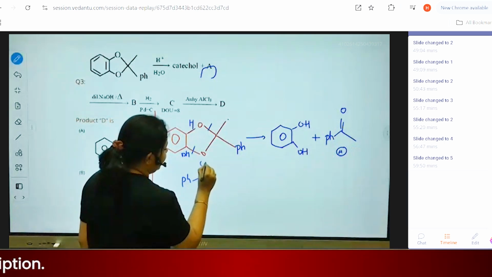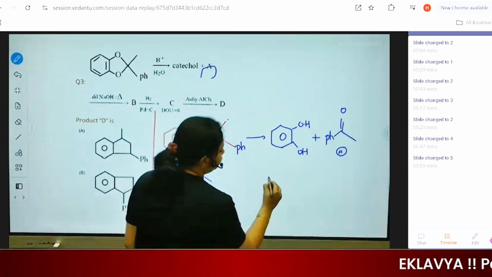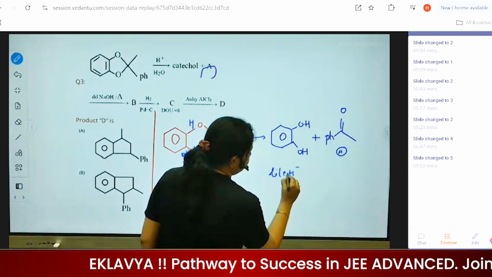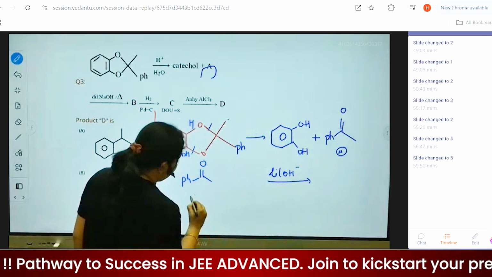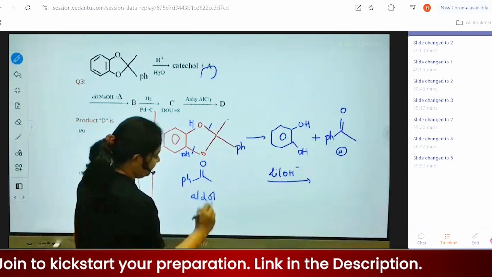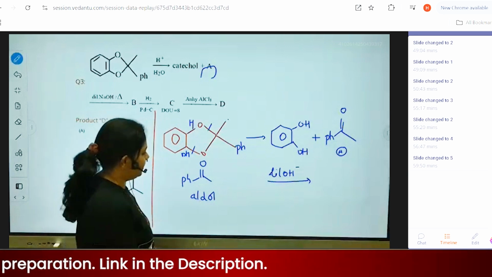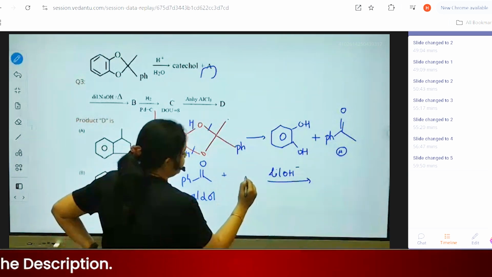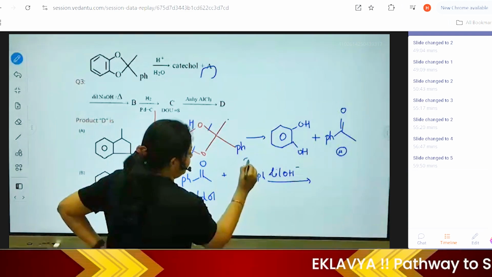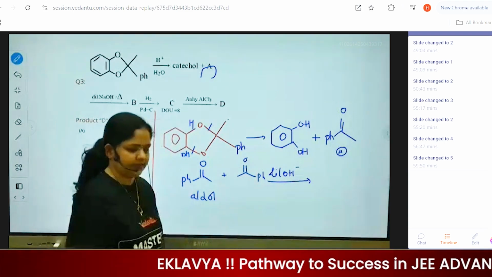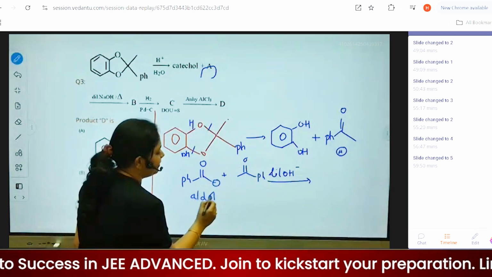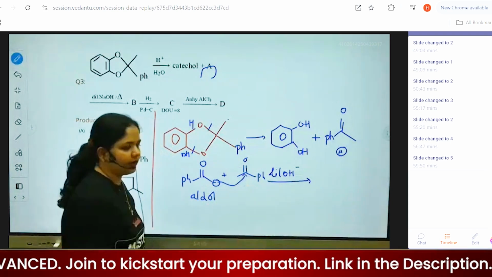Upon reaction with dilute OH minus, it undergoes aldol condensation. So how can I write this? Let me write it down. Ph double bond O like this. These two molecules will react. First there will be a formation of carbanion. This will go and attack onto this one.